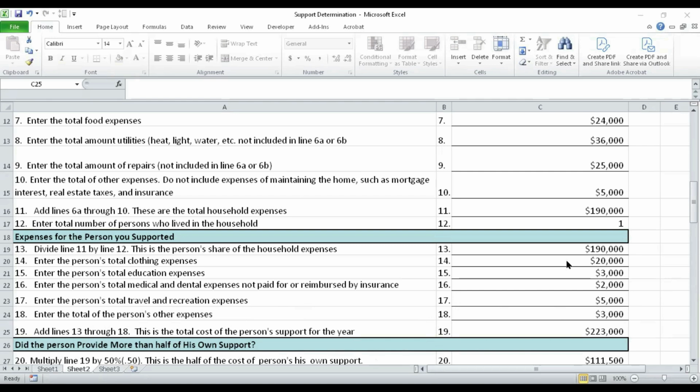When we add line 13 through 18, his share of the household expense plus clothing, education, medical, travel, and other expenses, we get 223,000.